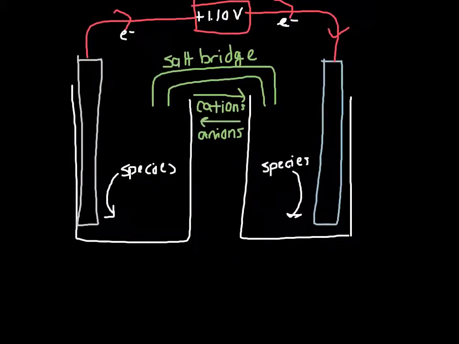Finally, we have essentially what a setup looks like for a voltaic cell. Here we have our associated half reactions. In the first cell, we have our zinc metal, which is being submerged within our zinc sulfate solution.